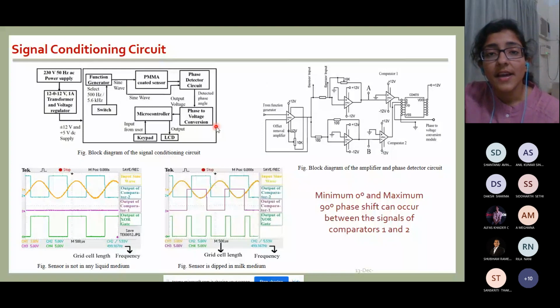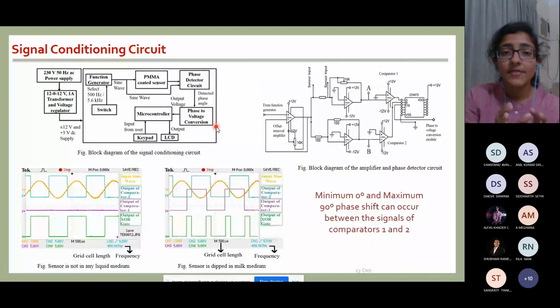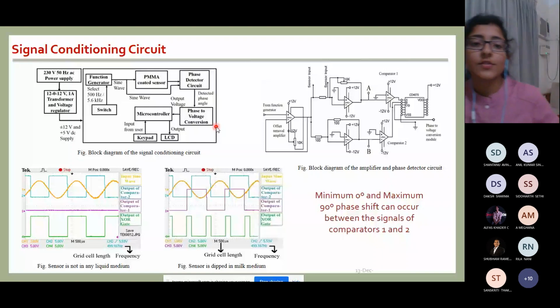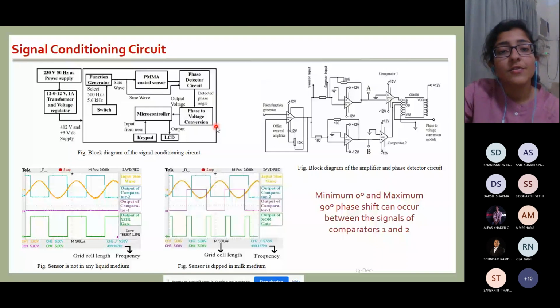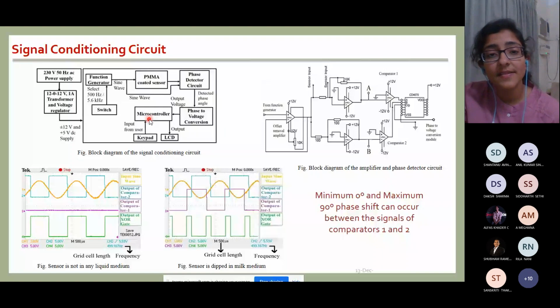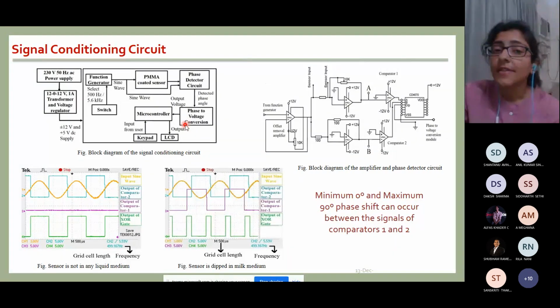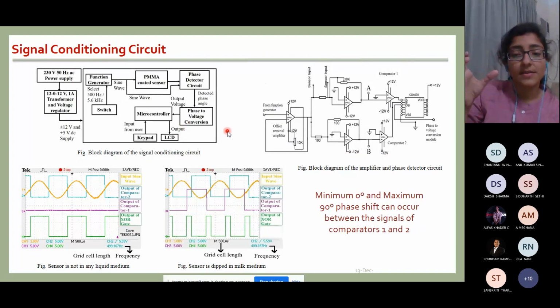Whenever the 90-degree phase shift is there, the output is 5 volt, and whenever it is 0, the output is 0 volt. That we give to the microcontroller. We restrict it to 5 volt because the microcontroller I have used works on 5 volt. That's why I have set the calibration of the 90-degree phase shift to a 0 to 5 volt range.